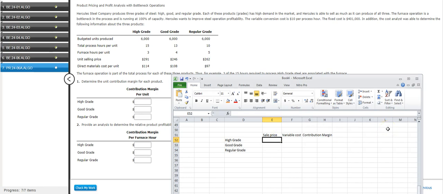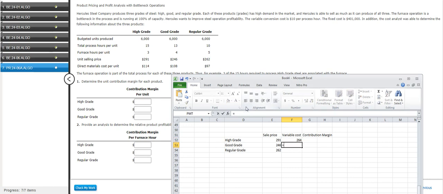Alright, the sales prices are $291, $246, and $262. The variable cost is equal to the direct material cost, plus the conversion cost, which is $10 per process hour. Process hours for high grade is 15, so 15 times 10. Now we're going to do the same thing for good grade.